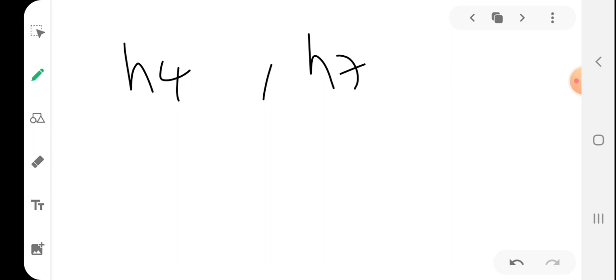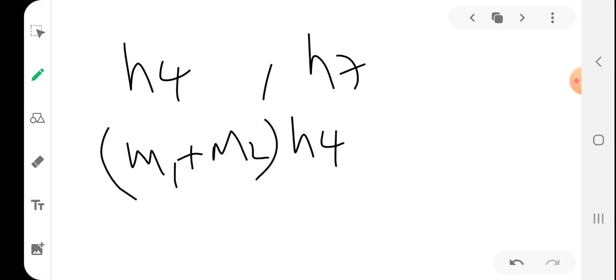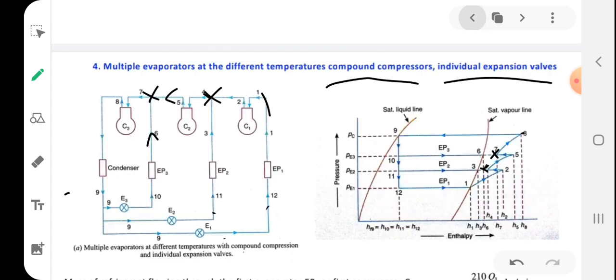So at point 4 you can write m1 plus m2 into the enthalpy of that point will be equal to the enthalpy of this stream plus the enthalpy of this stream.